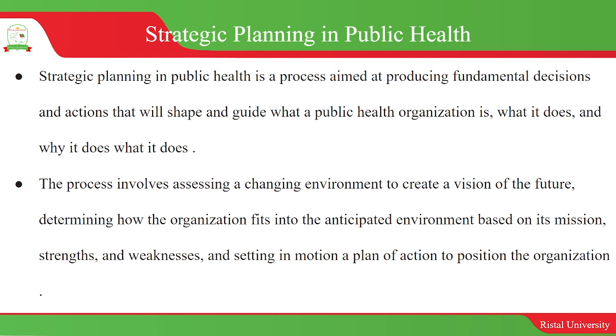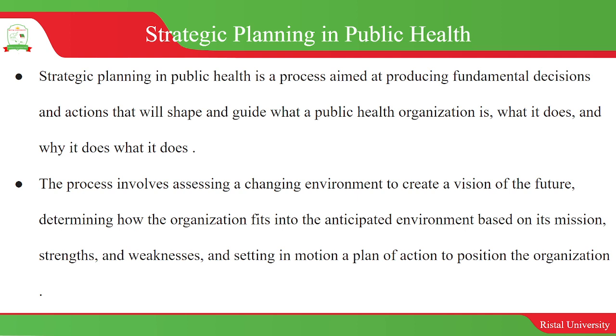when we are planning for what the organization will do in the next 2 to 5 years, we are involved in what we call strategic planning. So strategic planning involves assessing the environment to create a vision for the future. You see where you are, and then you paint a picture of where you want to be in future.